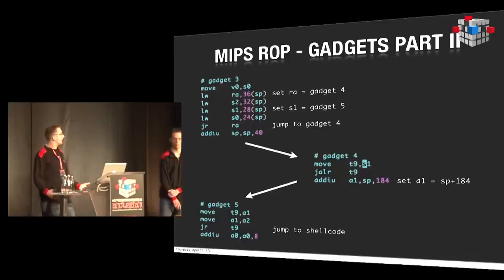So now we have a pointer relative from the current stack pointer where we can put our shellcode at a fixed position. So this is nice. We don't need to guess any addresses on the stack. We do it all using ROP. So eventually we'll reach the jump instruction of gadget 5, and this will actually execute our shellcode successfully now.